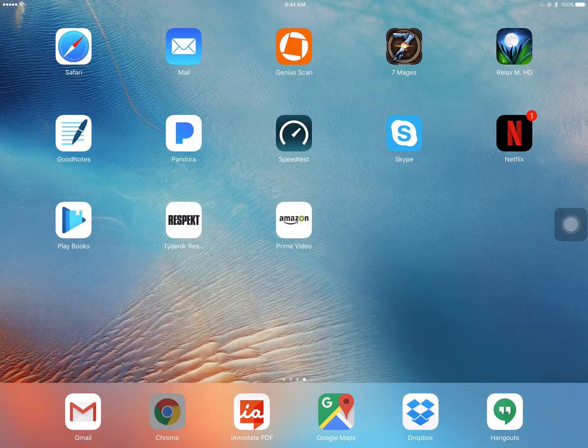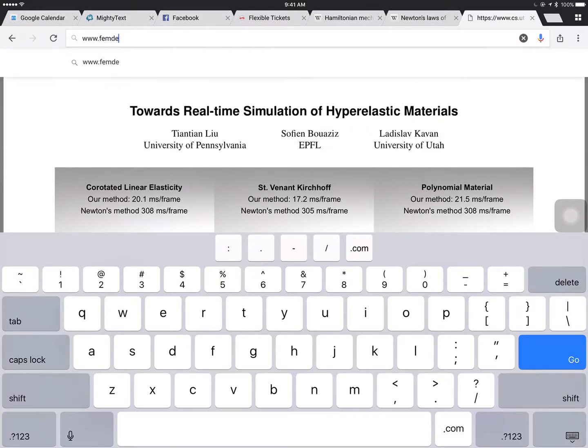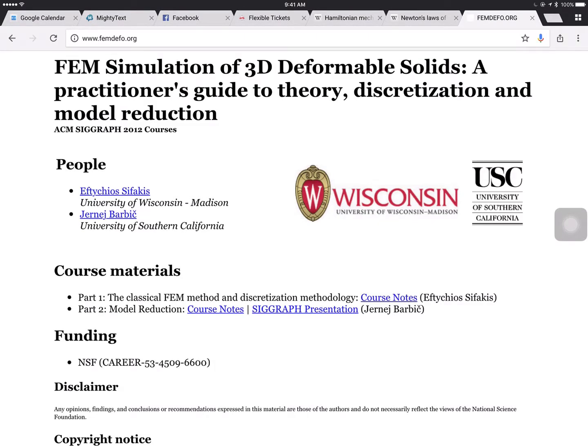Let me look it up here. It's right here. Yeah, it's a really nice intro to finite elements. Much better than picking an old book on finite elements, which has 500 pages. This has only 50 pages, and all the key things are there.